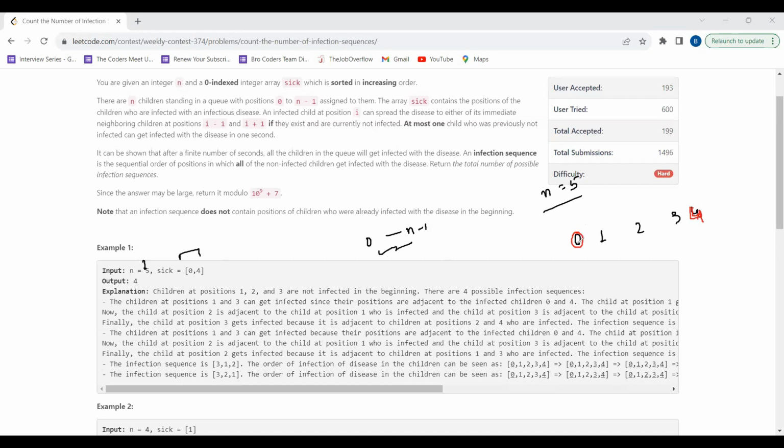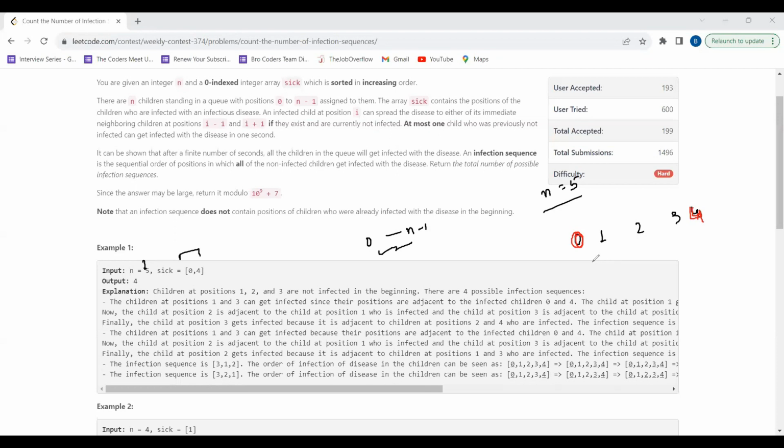So these two are infected, and you need to find the infection sequence. At a time, what can happen is that if 0 is infected, 1 can get infected, or if 4 is infected, 3 can get infected. And at a time, only one adjacent person will get infected. So what can be the infection sequence?